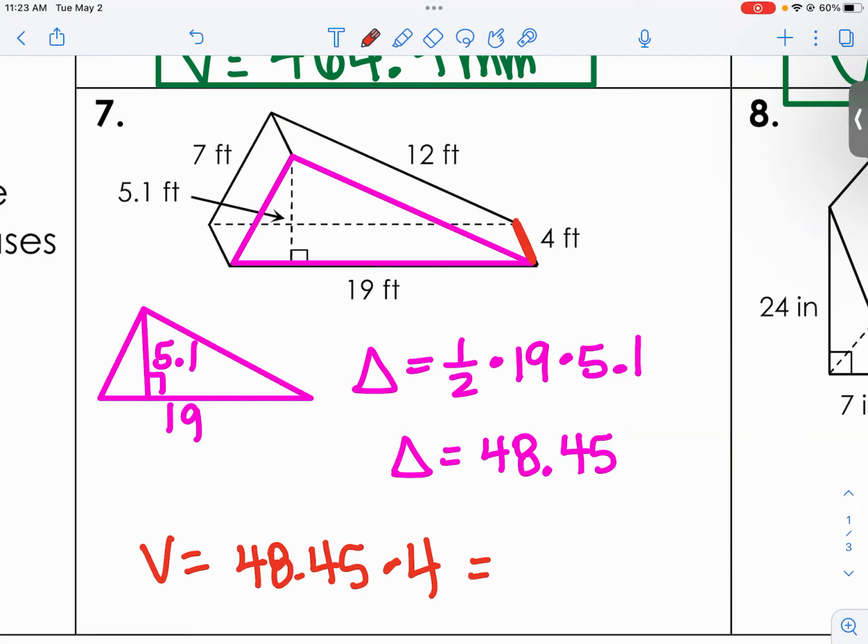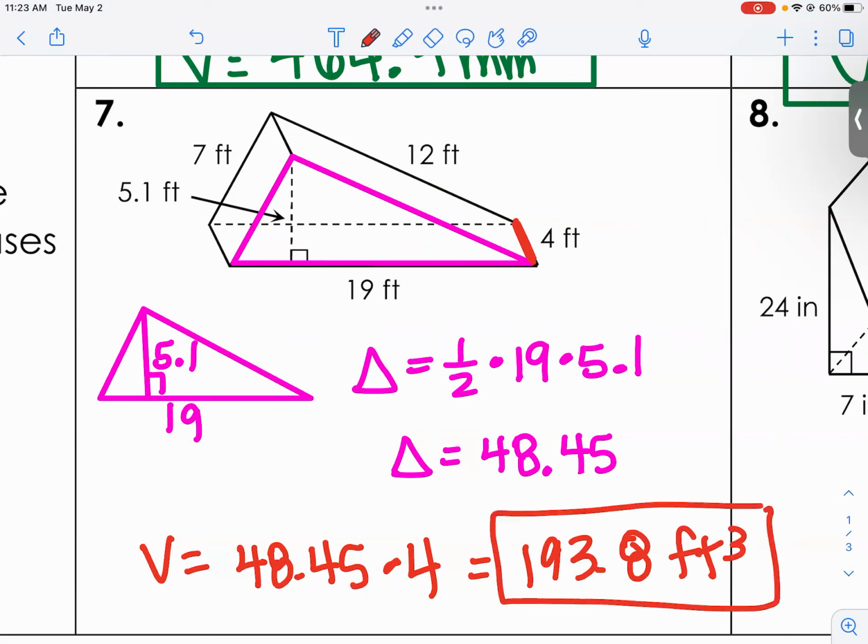And what's that number? Is that 193.8? Okay.